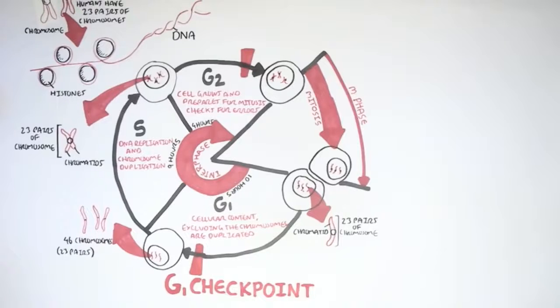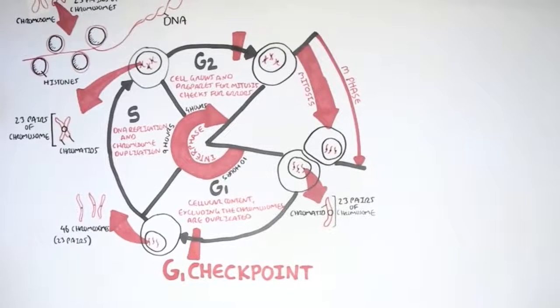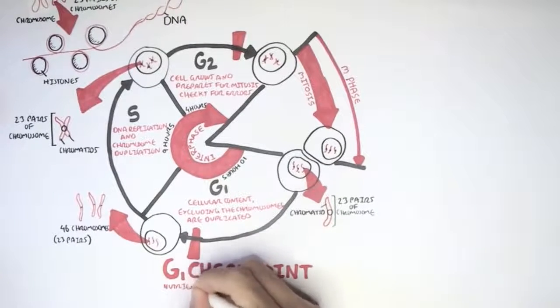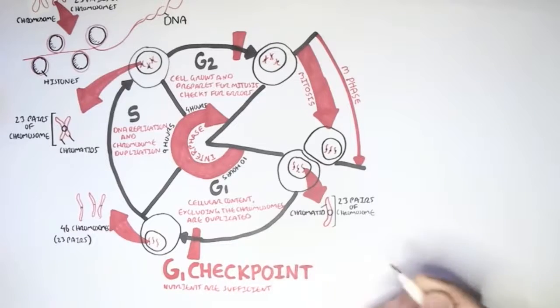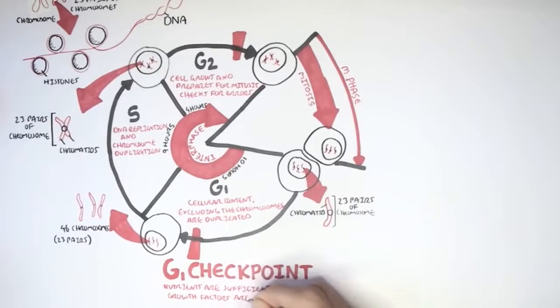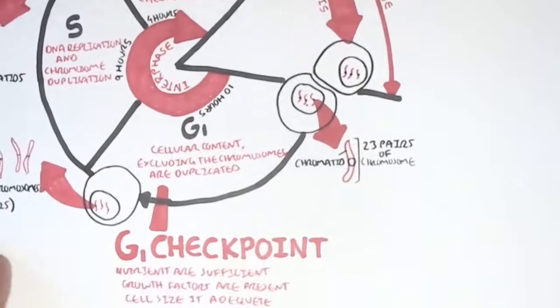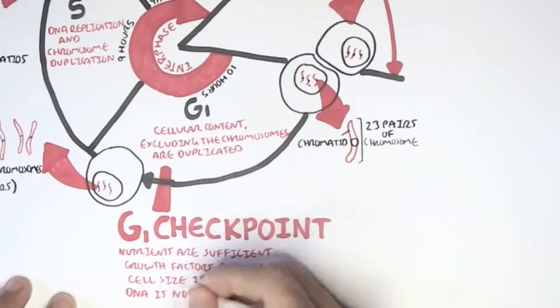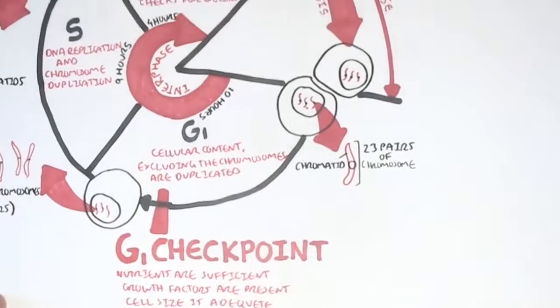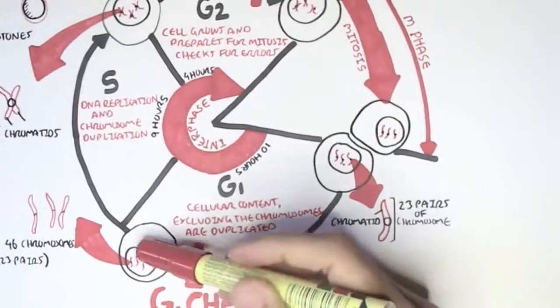When this cell enters the first checkpoint, called the G1 checkpoint, the cell will check that nutrients are sufficient, that growth factors are present, that the cell size is adequate, and that there is no DNA damage.